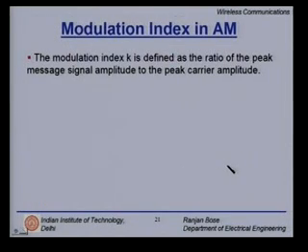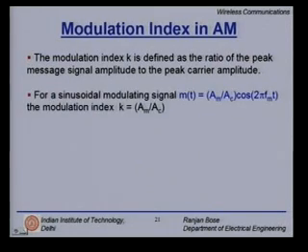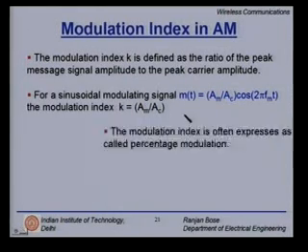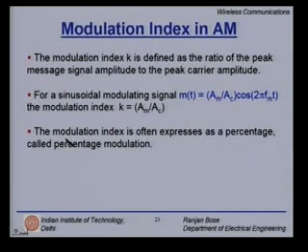So, the modulation index K is defined as the ratio of the peak message signal amplitude to the peak carrier amplitude. For a sinusoidal modulating signal m(t), the modulation index K is given by Am over Ac. The modulation index is often expressed as a percentage, called the percentage modulation.